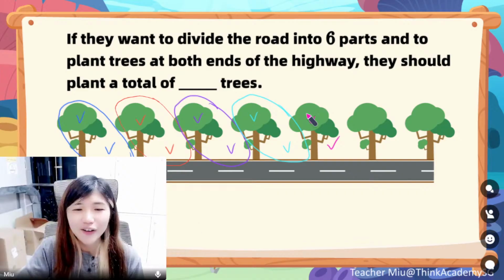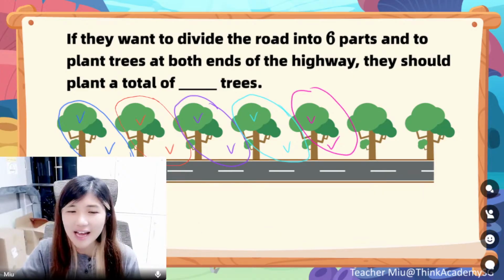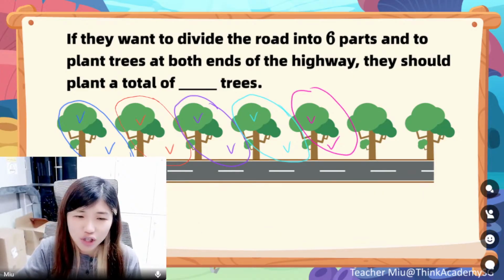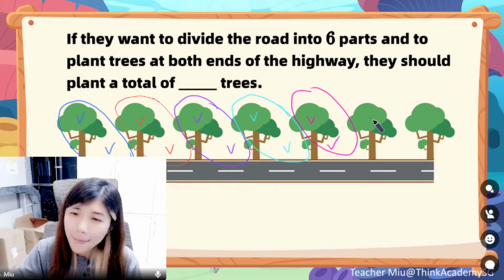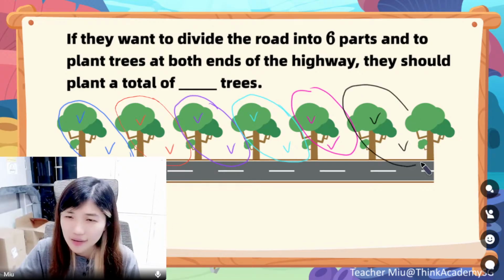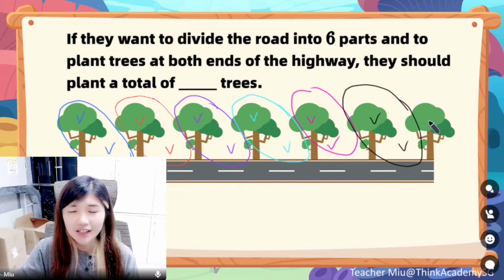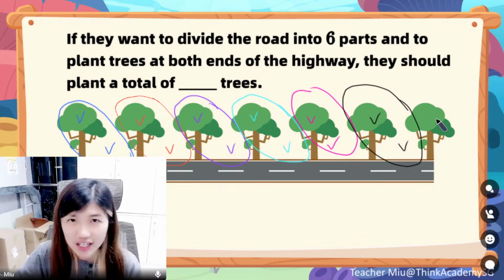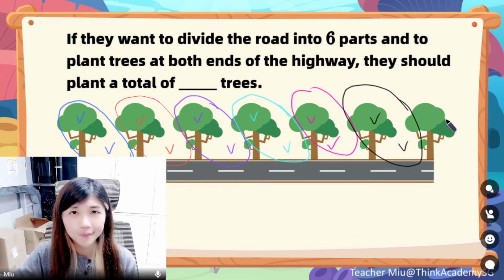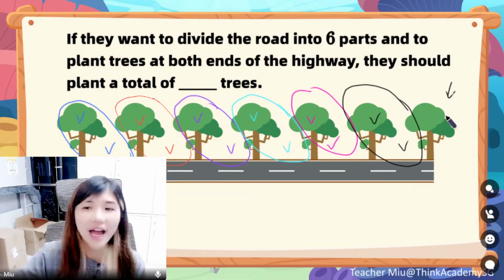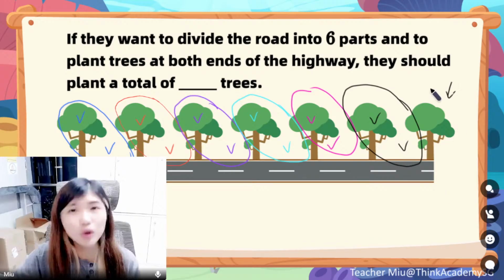Continue with 1 tree and 1 interval, another pair. Look at the last tree. Does it have any interval to pair with it? No. That's why when we start with a tree and end with a tree, there will be more trees.